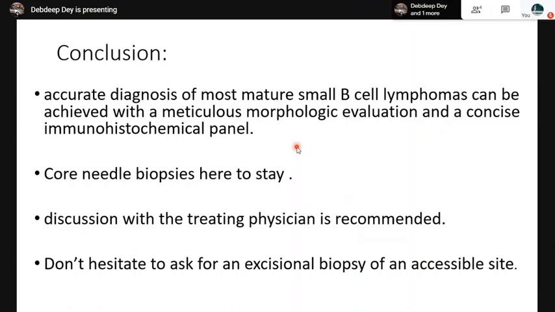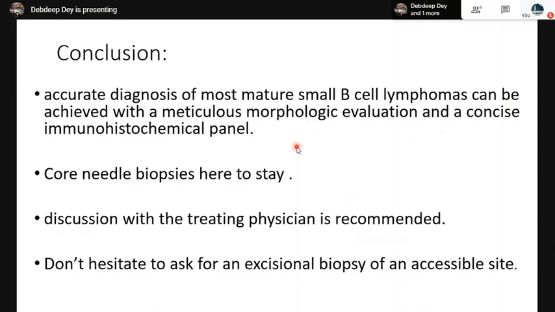However, we have to train ourselves to identify within the core needle biopsies the degree of architectural effacement. Discussion with the treating physician is recommended in case you are unable to offer a definitive diagnosis.